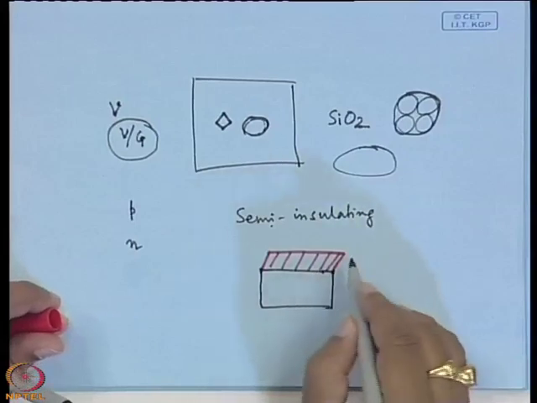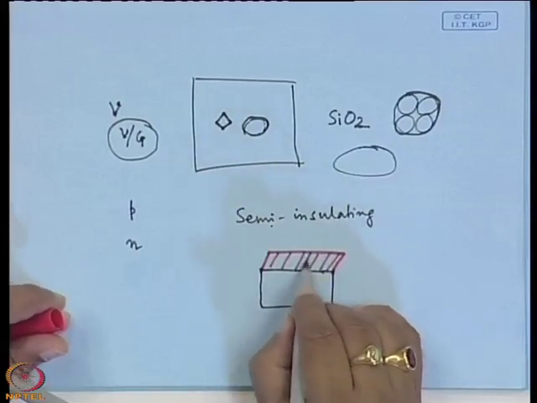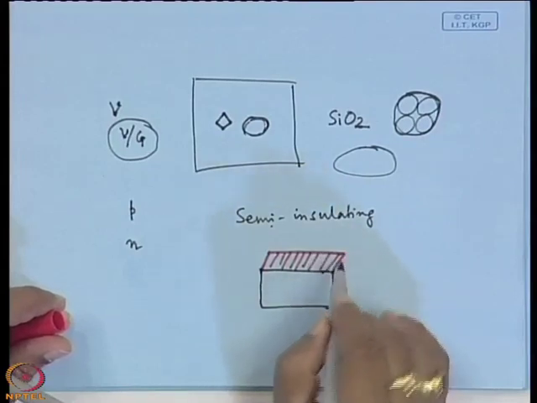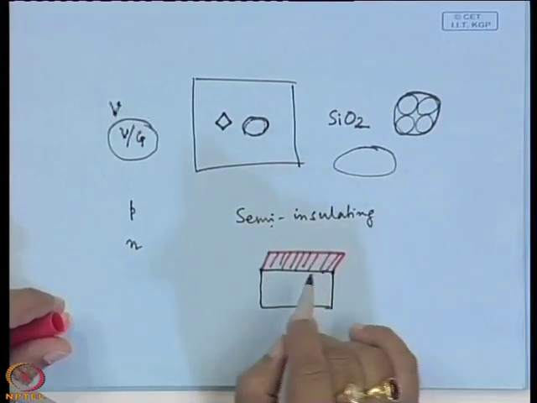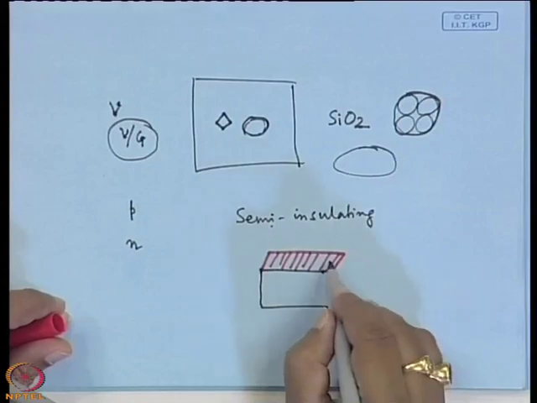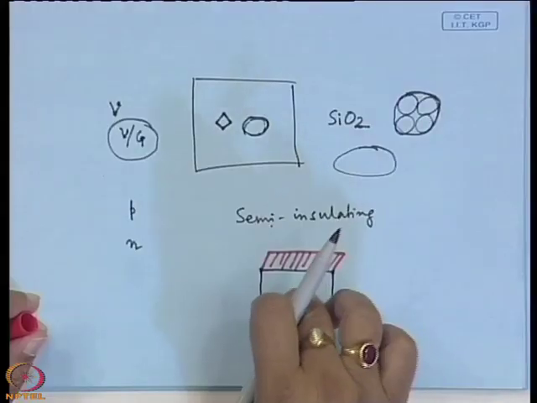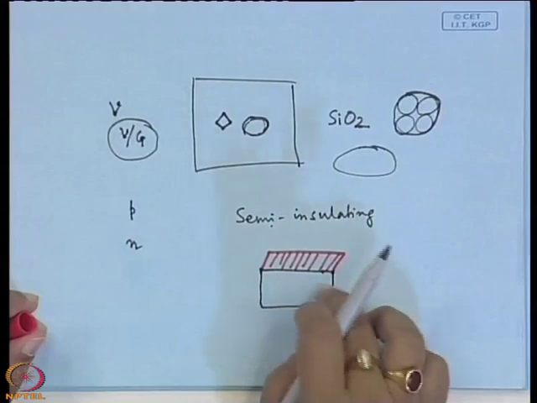Now, if you measure the electrical conductivity of this grown film, what you will find? You expect that the electrons or the holes will come from the layer only, not from the substrate. If it comes from the substrate, then you will not be able to determine the resistivity of the grown layer.